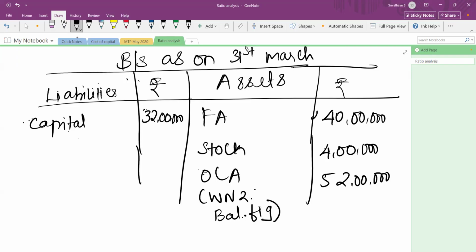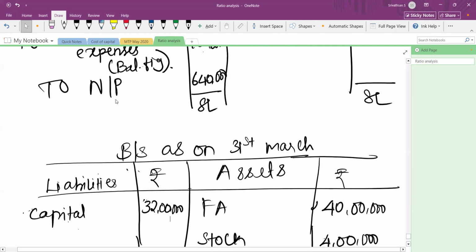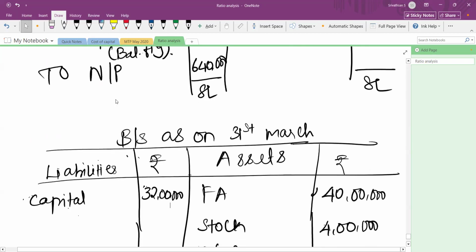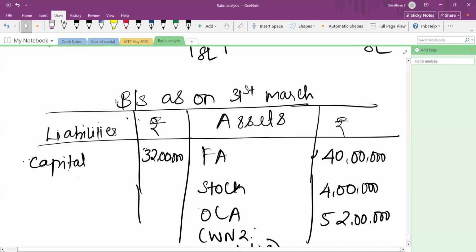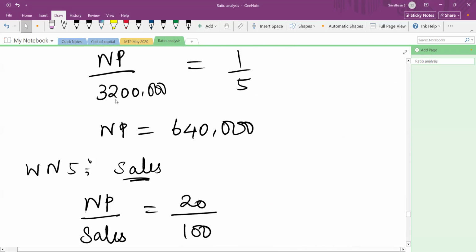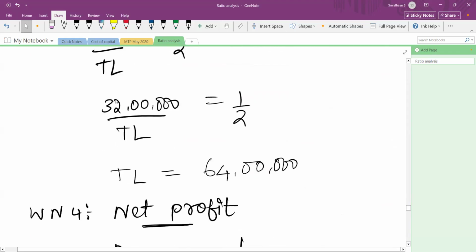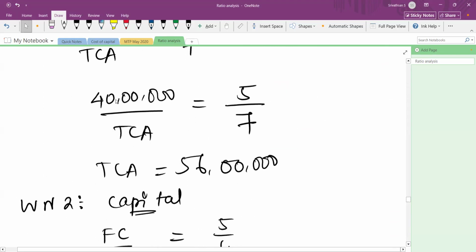Net profit, they are not adding in the capital. Yes, it has to be, but I think they did not add it. In your textbook, I think they have not added. Anything else that we have on the liability side? Total liability 64 lakh.